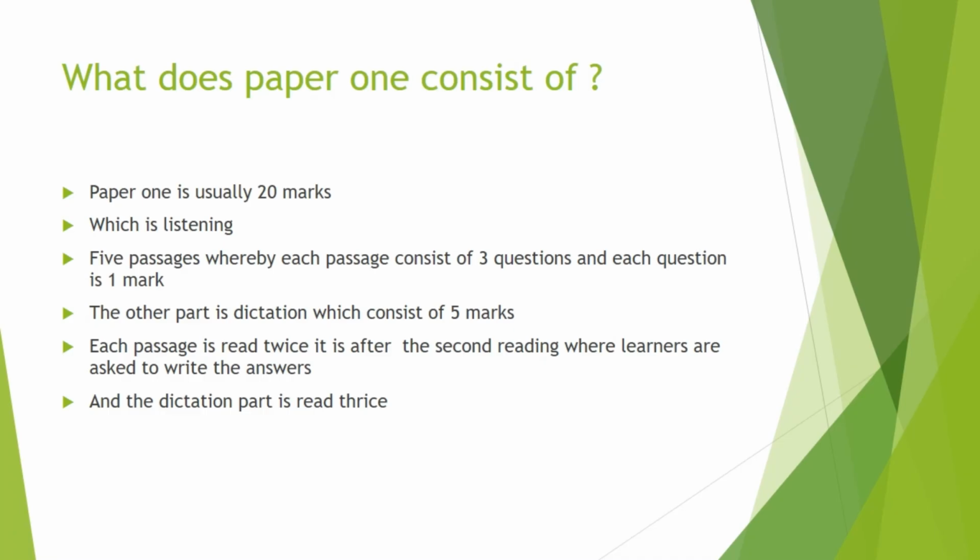During that time, make sure you read the questions. There are only 3 questions for each of the 5 passages. So read over the questions so that you have an idea of what the examiner wants. Don't listen to him when he's talking about the adjustment part. That is the best time to go over the questions.